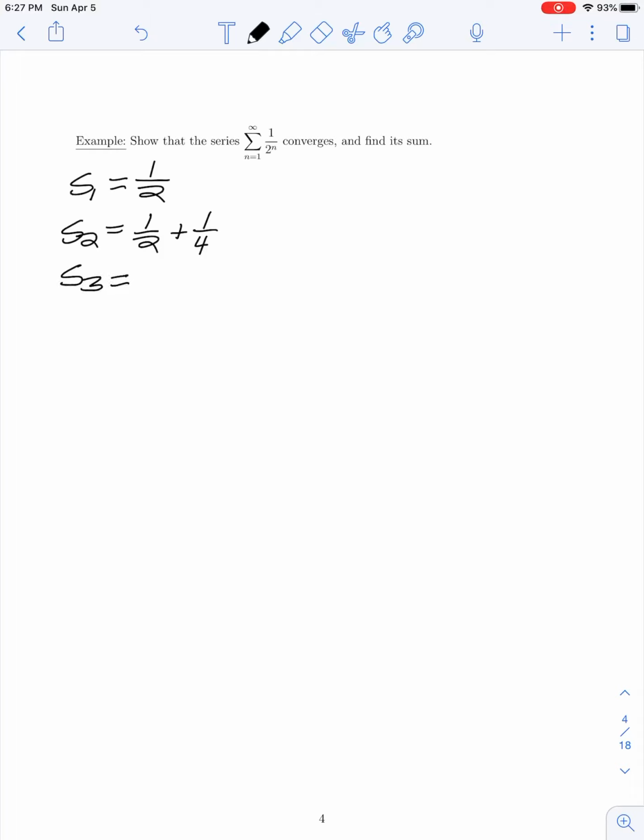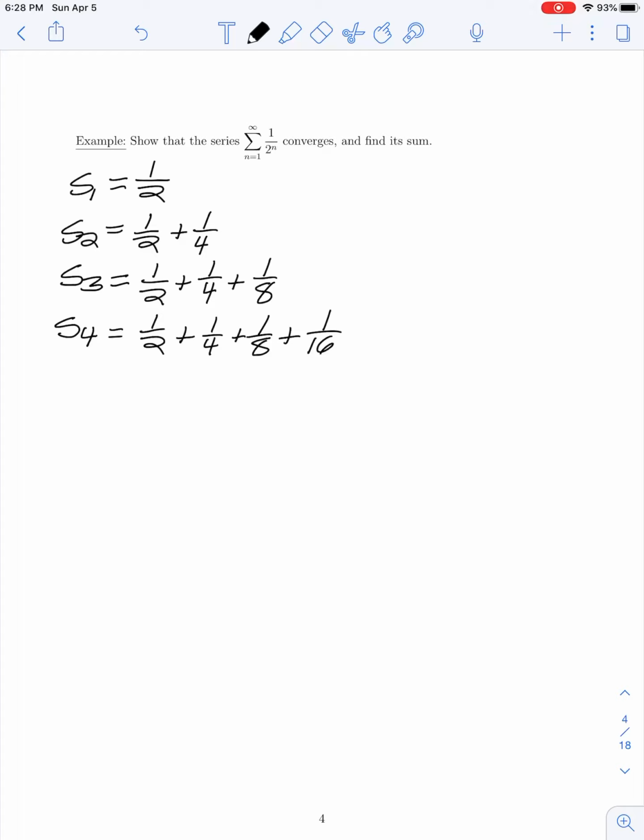For S3, we've got the sum of the first three terms, so 1/2 plus 1/4 plus 1/8. For S4, we have 1/2 plus 1/4 plus 1/8 plus 1/16.